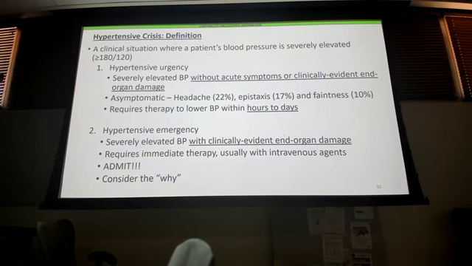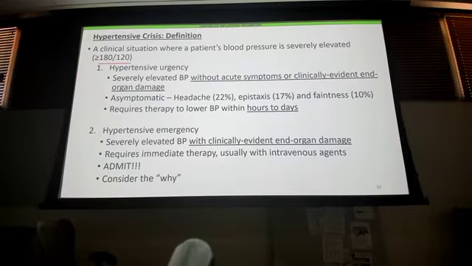Then we finished this lecture by talking about hypertensive crisis. To be able to say a patient has hypertensive crisis, their blood pressure needs to be greater than or equal to 180 systolic, and greater than or equal to 120 diastolic.